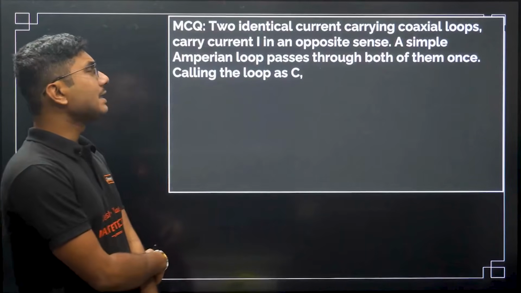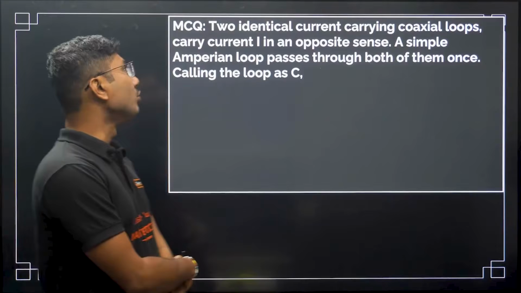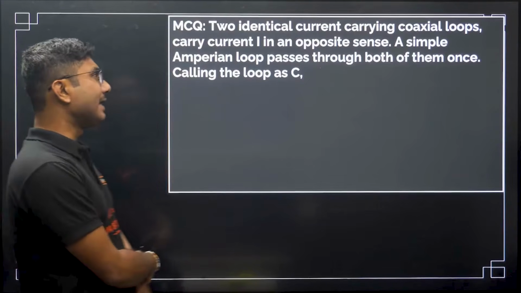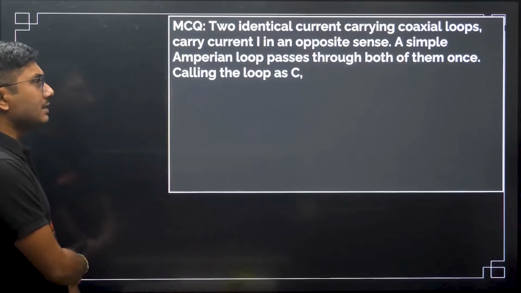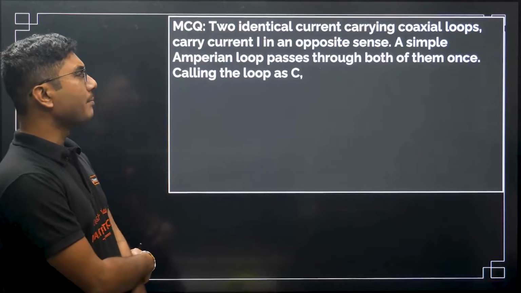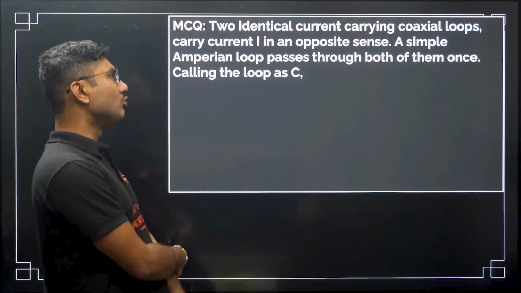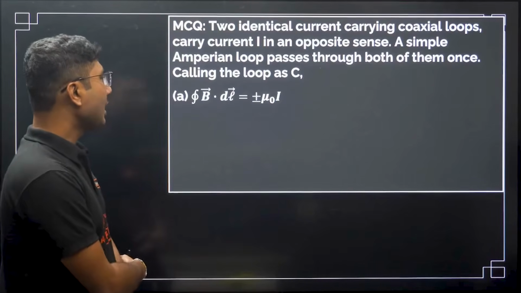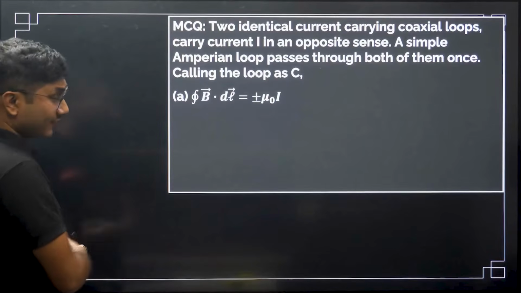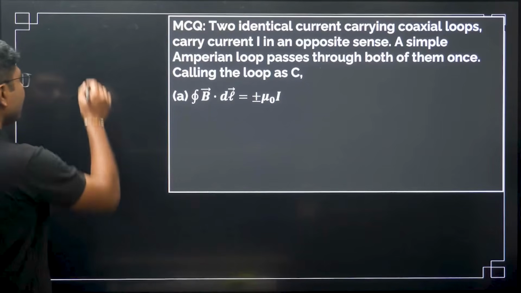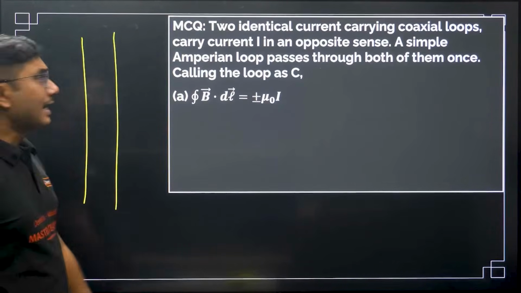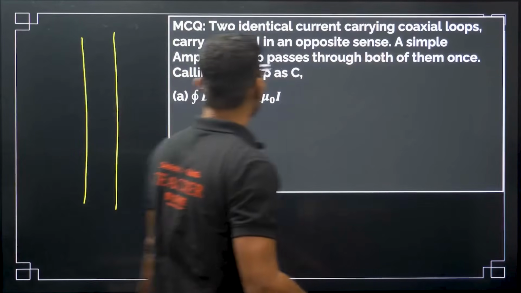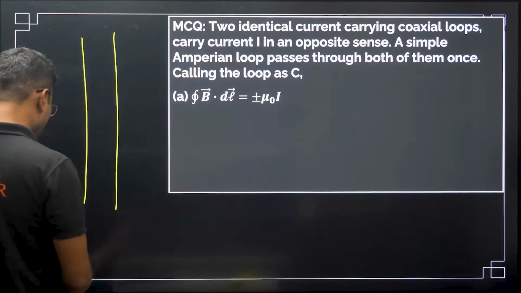Two identical current carrying coaxial loops carry current I in opposite sense. A simple Amperian loop passes through both of them once, calling this loop as C. Then what will be the answer? First let us understand this question. We have 2 straight wires carrying current, and they are coaxial.